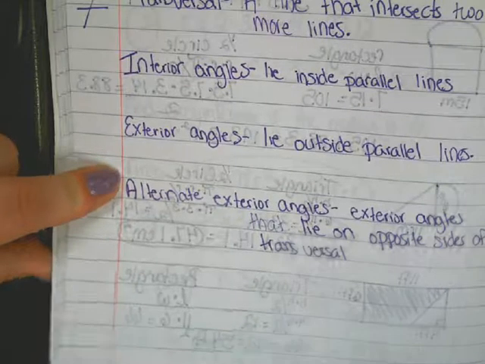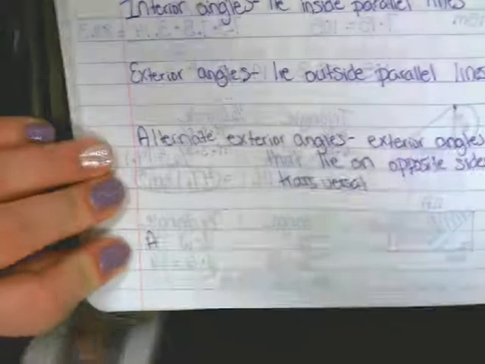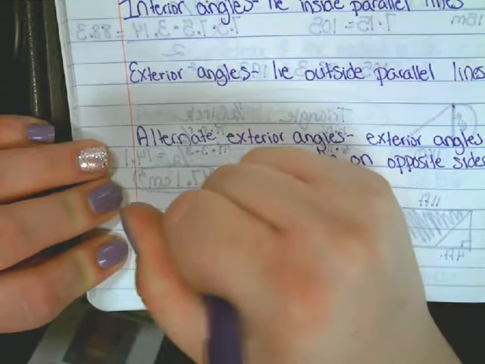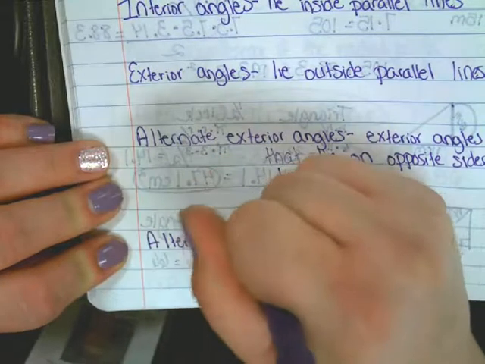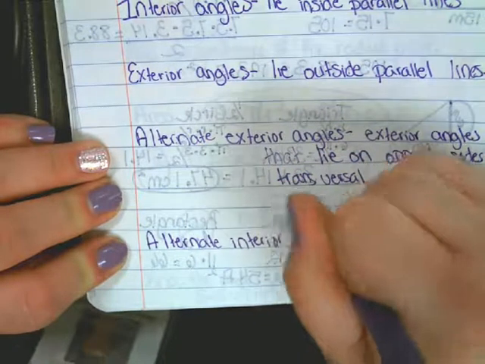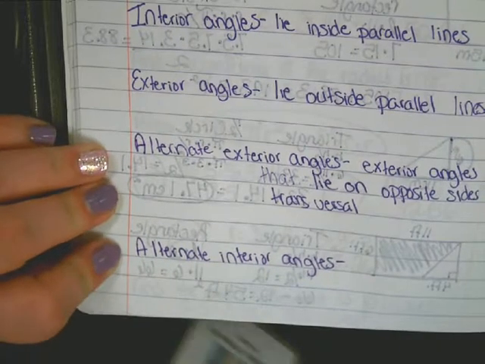And now we're going to look at alternate interior angles. So if alternate exterior are exterior angles that lie on opposite sides of the transversal, what do you think alternate interior are?